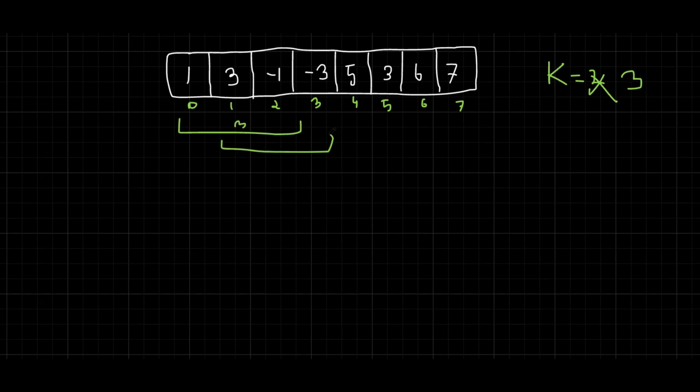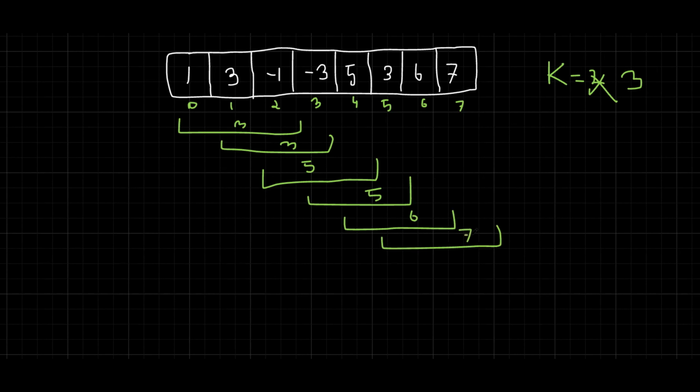For this window, the maximum element is 3. For this window, the maximum element is 5. For this window, the maximum element is 5. Similarly, for this window, the maximum element is 6. And for this window, the maximum element is 7. So we have to return 3, 3, 5, 5, 6, and 7.